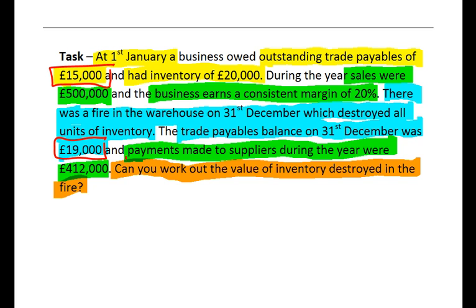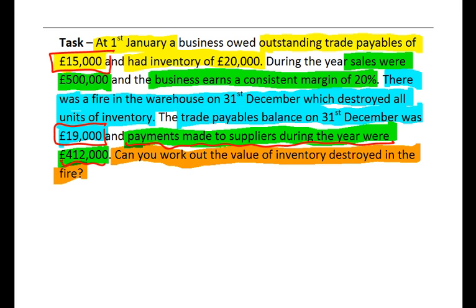And we also know what the payments made to those suppliers during the year were. And we can take all of that information and start putting it into an appropriate ledger account. In fact, the appropriate ledger account that I might use here would be the purchase ledger control account or the trade payables account, because that's recording the total amount owed to our suppliers.